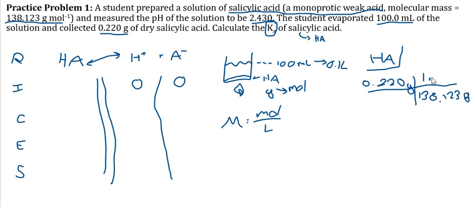There's 1 mole. So we get that we have 0.00159 moles of our salicylic acid.